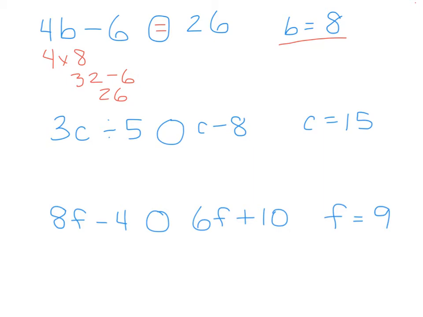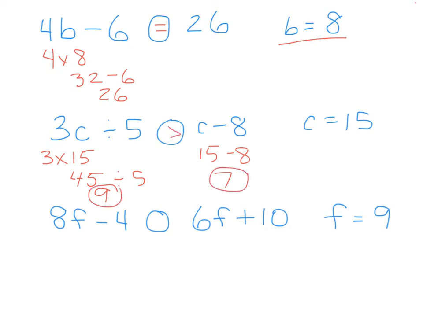In the second one, 3 times 15 is 45, and 45 divided by 5 is 9. On the right side, I substitute 15 and take away 8, and I get 7. So the 9 that I have and the 7 that I have, the 9 is greater than the 7.